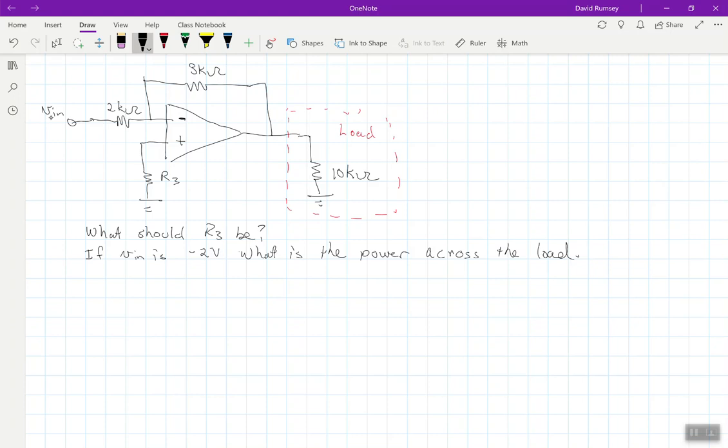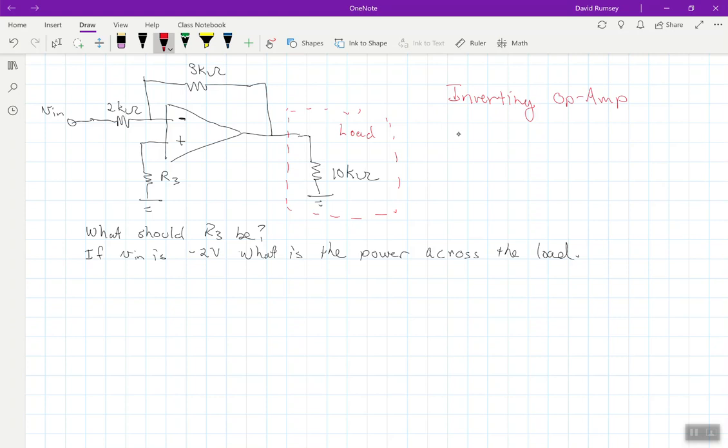Now if I look here, I can see that the input is tied to the negative terminal through this 10k ohm, and then I've got a 3k ohm, and then I've got this load attached, which is something different than we normally have. But if I just look at the way these resistors are configured, I can see that this is an inverting op-amp.